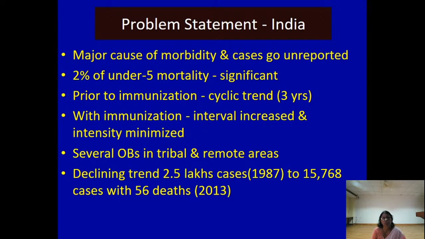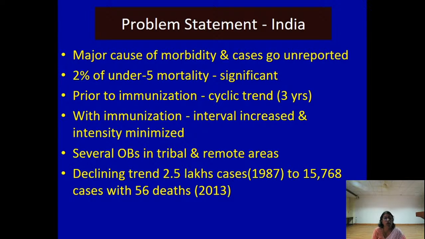With immunization, what happened is the interval increased. Instead of every 3 years, it was once in 5 years or 7 years, like that. The data is not available, but the interval increased and intensity minimized because of the vaccination. Got it? Okay. Then several outbreaks in tribal and remote areas were reported.